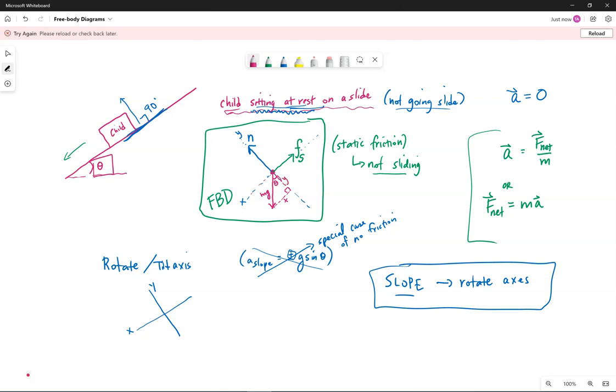A y component here, because that's what's along the y-axis. The x and y components need to meet at a right angle, 90 degrees. So this y side ends up having a magnitude of mg cosine theta because it's adjacent to that angle. The x side ends up being mg sine theta.